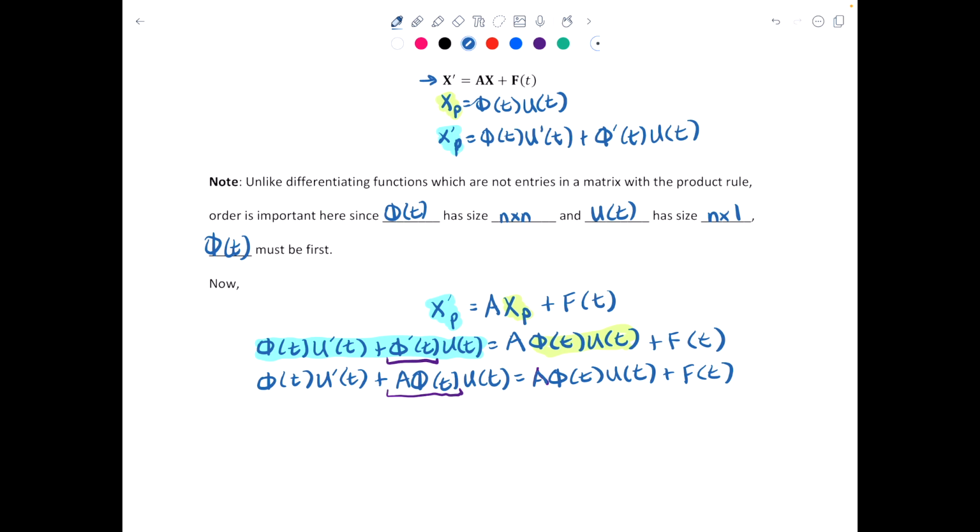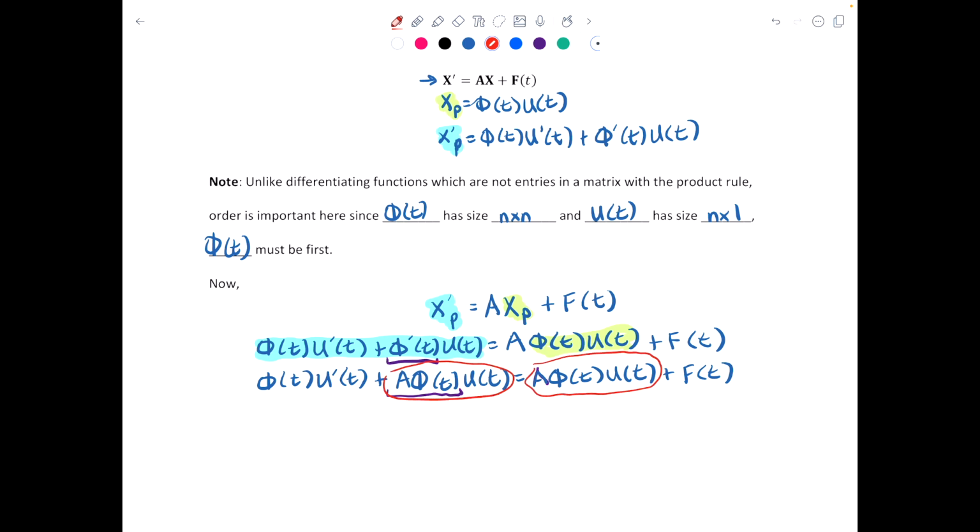Cool so far? All right, well, notice that if we subtracted, we have the same matrix here and here.